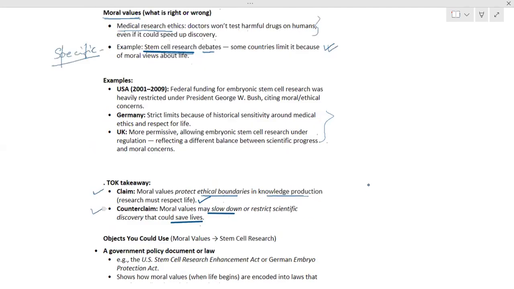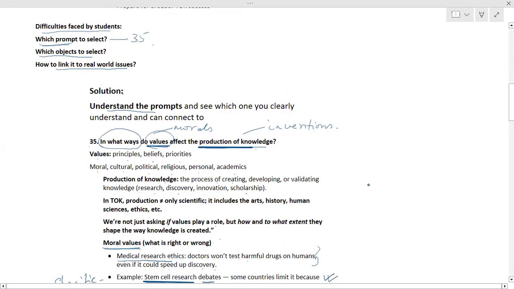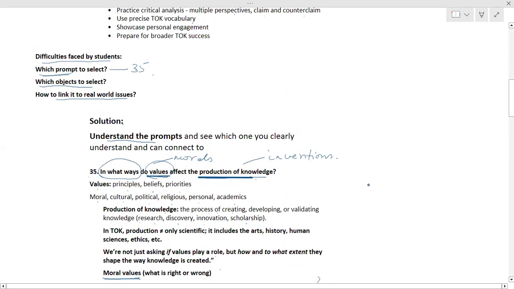Coming back to the difficulties faced by students. So, which prompt to select? If we unpack the prompts in this way, and if we understand in simple terms what the question actually means, it is easy for us to understand and connect and decide which prompt we will select.